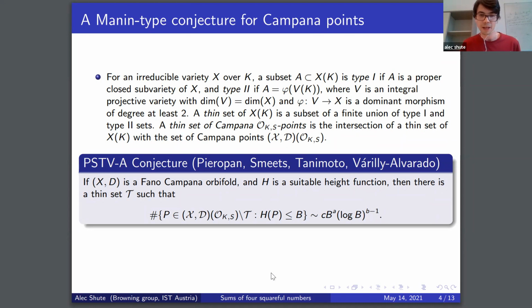And here in the paper, they describe explicitly what these a, b, and c are on the right-hand side in terms of geometric invariants, which have quite a similar flavor to the classical Manin conjecture.